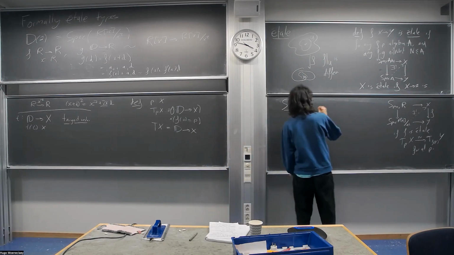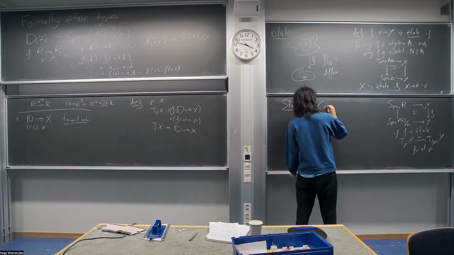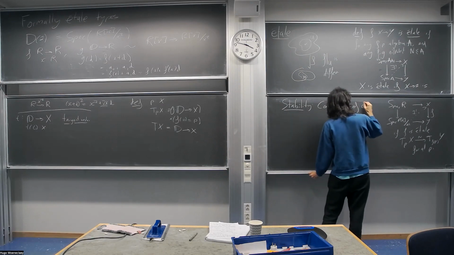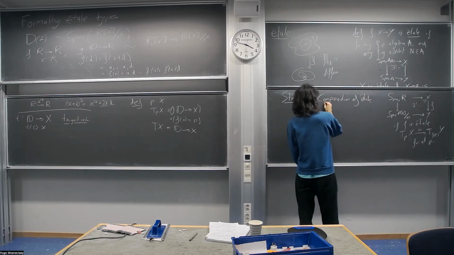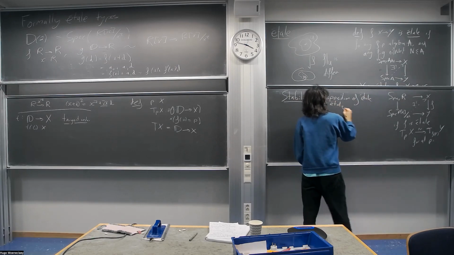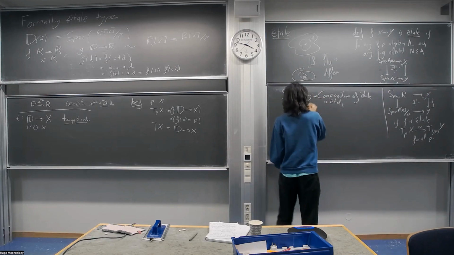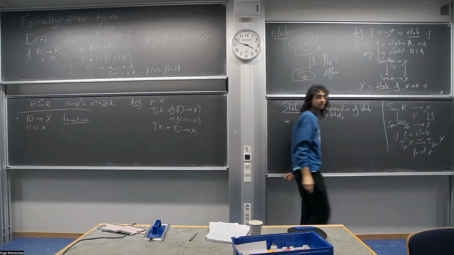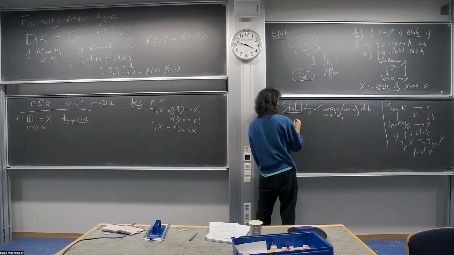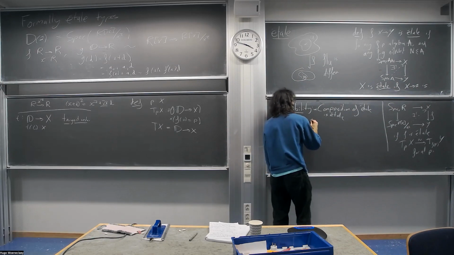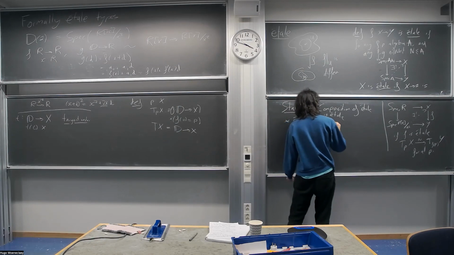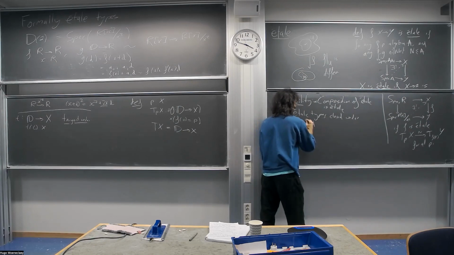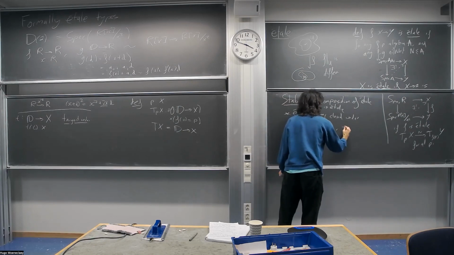Composition of étale maps is étale. Now we're thinking about étale types rather than étale maps: étale types are closed under several type formers, so product, sigma, and equality.